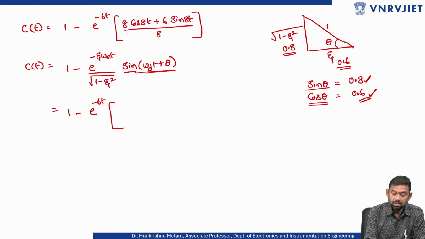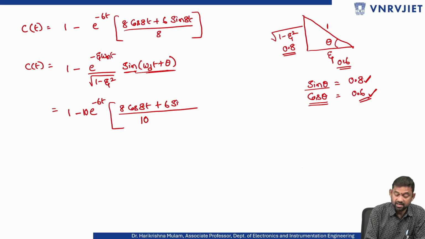But as you cannot do like that, it should be multiplied by 10 as well. Therefore, the expression will be 8 cos 8t plus 6 sin 8t.